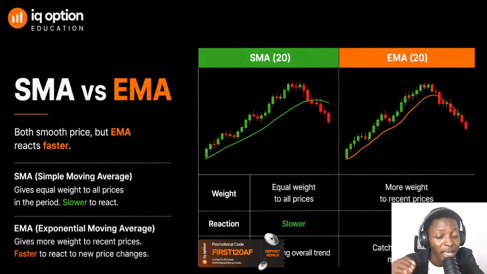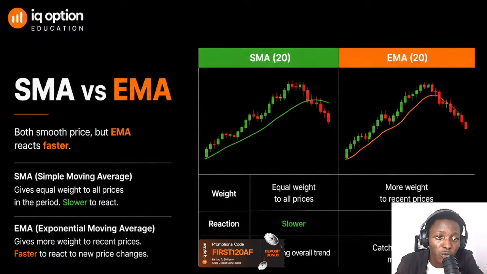Even though the moving averages are on sort of the same lines, the faster the moving average is, the faster the information you're looking for in order to make your decision, because sometimes you want that fast movement since you are trading binary options. And when you are trading binary options, you need to do everything quickly, because every second matters, every minute matters, and that's why you're going to be using the exponential moving average.